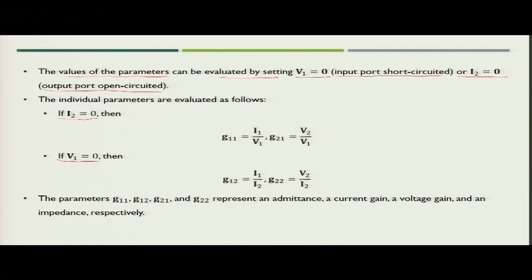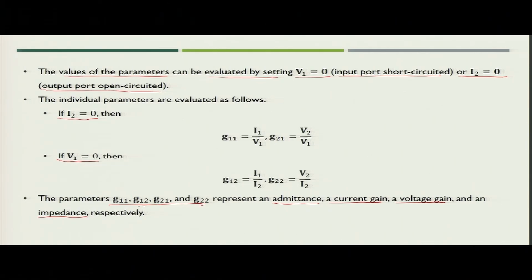If you now see the parameters G11, G12, G21 and G22, G11 will represent admittance, G12 will represent current gain, G21 will represent voltage gain and G22 will represent impedance. You can compare them with the H parameters, where H11 was impedance, H12 was voltage gain, H21 was current gain and H22 was admittance.